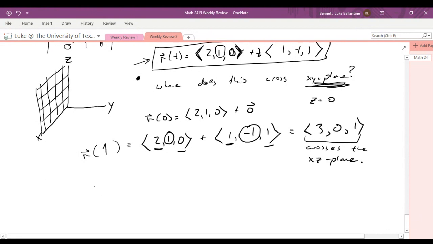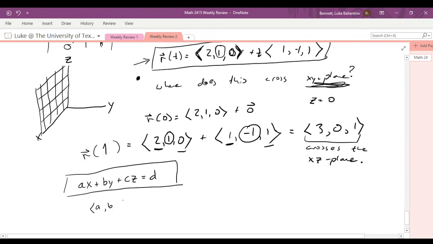All right. So with planes, they take the form of ax plus by plus cz equals d. This is like the standard form of a plane, where the vector a, b, c is perpendicular to the plane. So you can imagine you're going to be taking a lot of cross products.